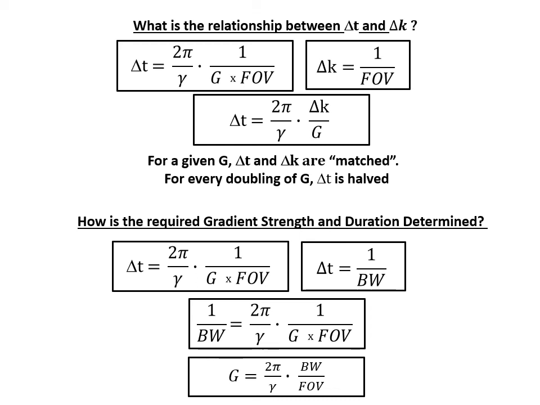If we put these two things together, a direct substitution, we can see that 1 over the bandwidth is equal to a constant times 1 over the gradient strength times the field of view. And therefore, by reorganizing that formula, the gradient that's required is equal to a constant times the bandwidth divided by the field of view. The higher the bandwidth, the higher the gradient strength required. The larger the field of view, the lesser gradient is required, and vice versa.